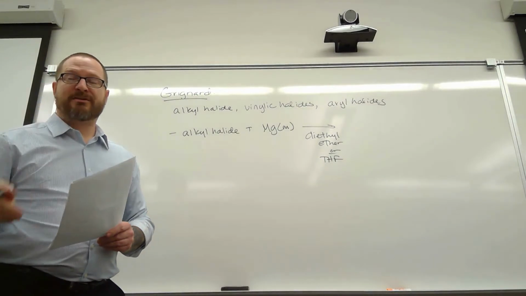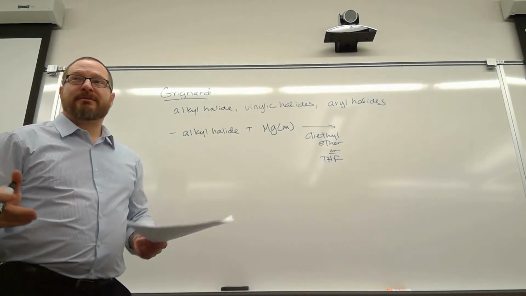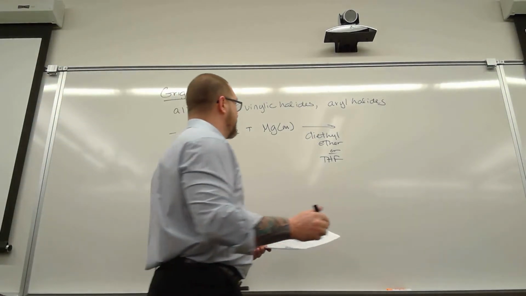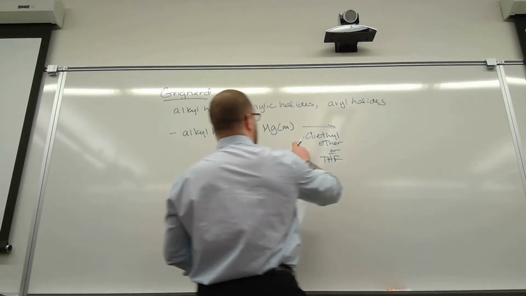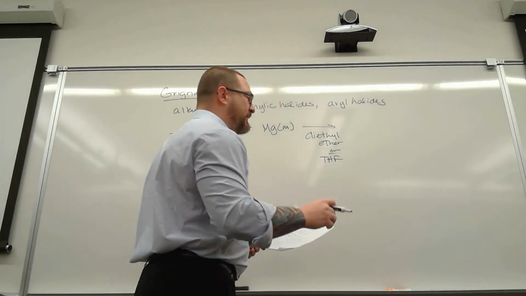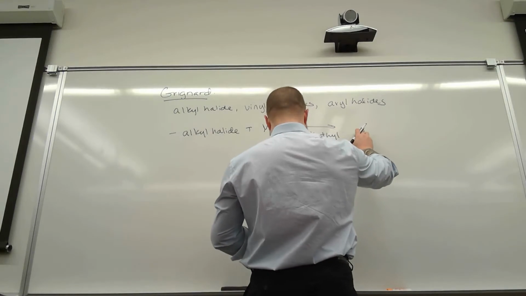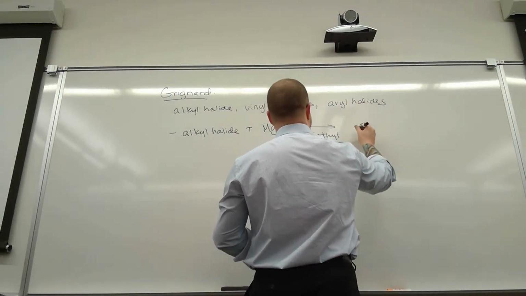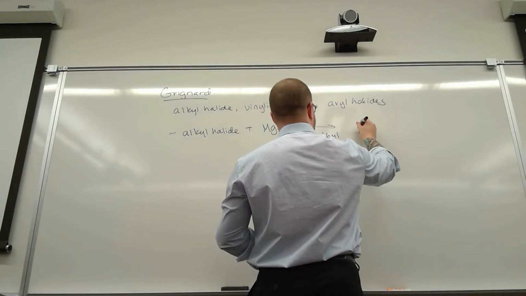Either of the two work. Diethyl ether is the one I've used nearly exclusively for this reaction, because it does a really good job of complexing and solubilizing the magnesium as it's binding.